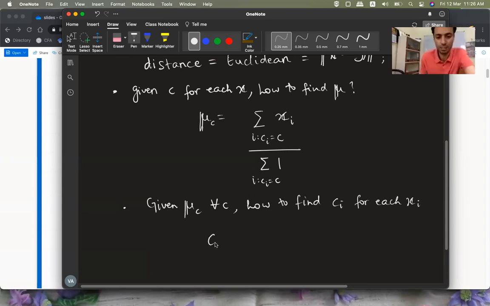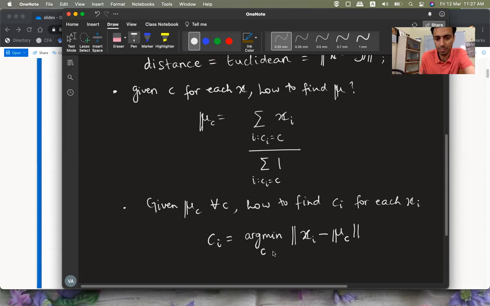So you say ci, the color of the ith sample: you look at this point and its distance from mu of c, and you take the c which minimizes this distance.